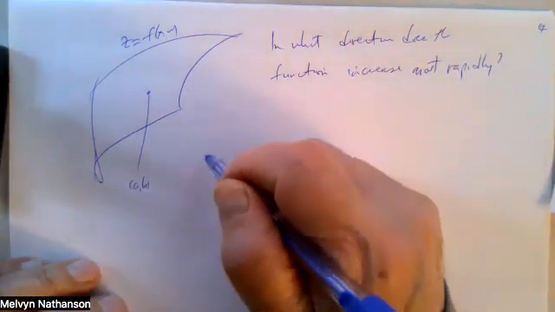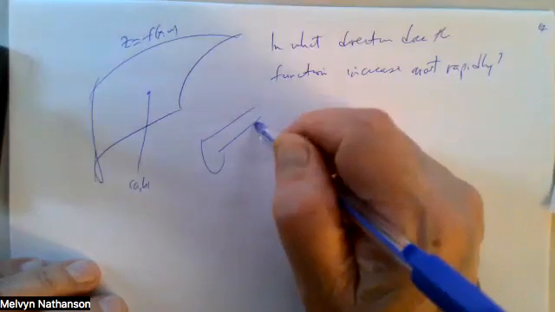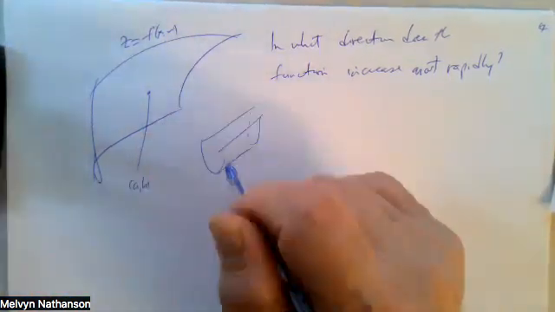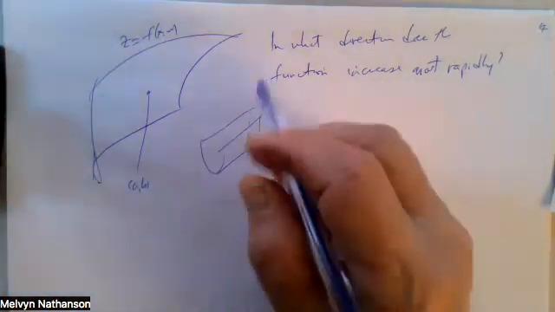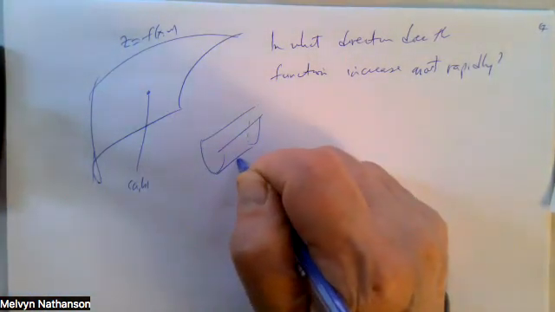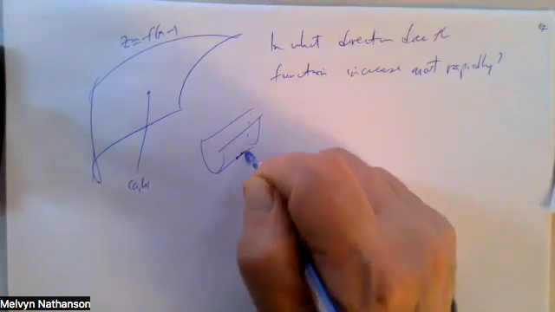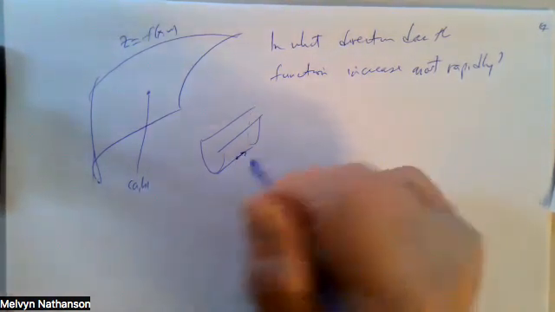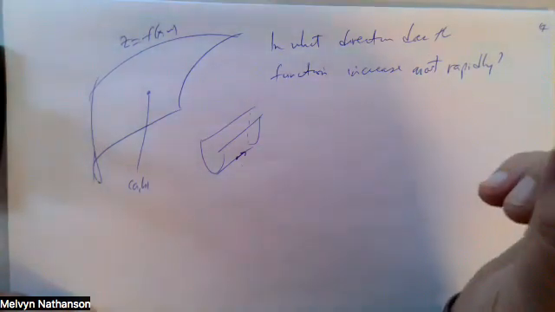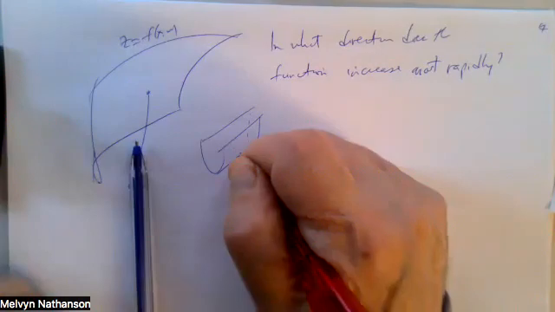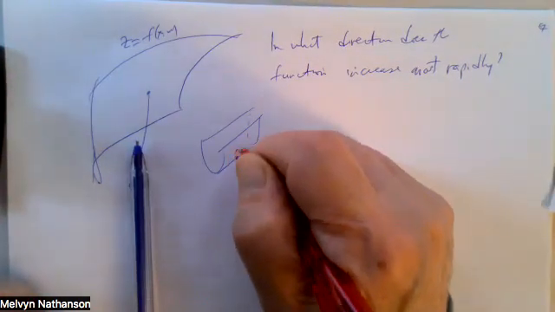To give a really simple example, suppose your function looks like this, your surface. If you take a point right here and you go in this direction, the function doesn't change. The rate of increase is 0. But if you go in this direction, it increases the fastest.